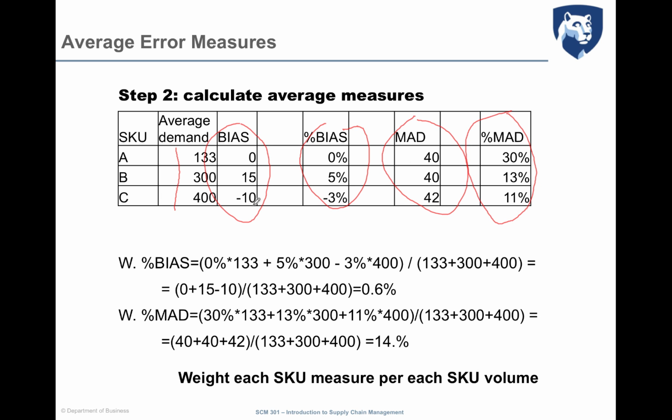If I want to know how much the company is biased and accurate in making its estimation, I need to calculate what we call the weighted percentage bias and the weighted percentage mean absolute deviation, which is simply the weighted average on the average demand of the value of the bias, the percentage bias and the percentage mean absolute deviation for each product.